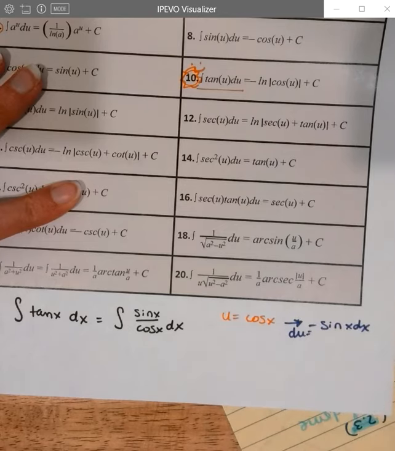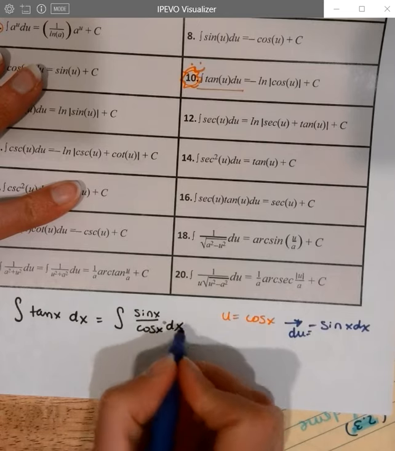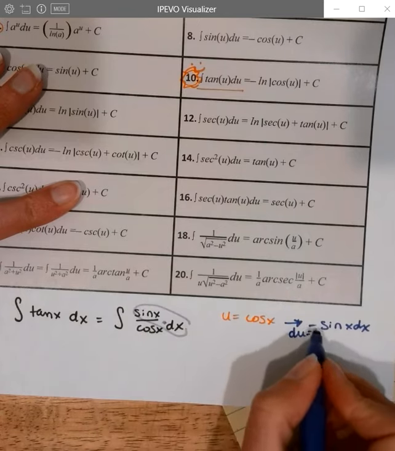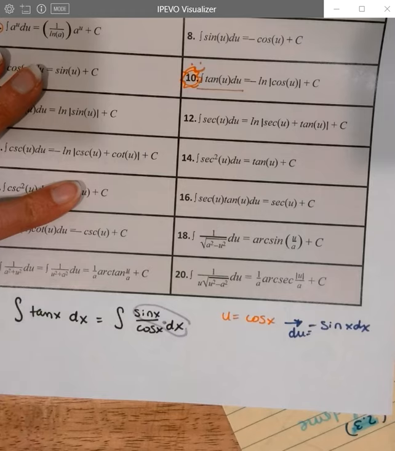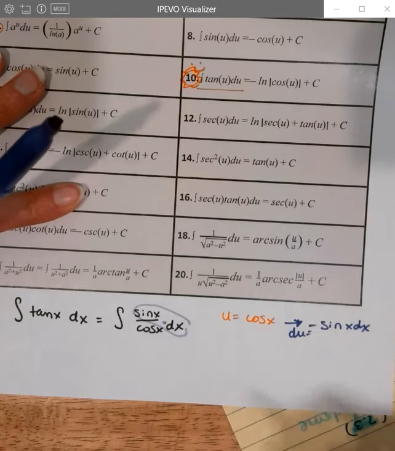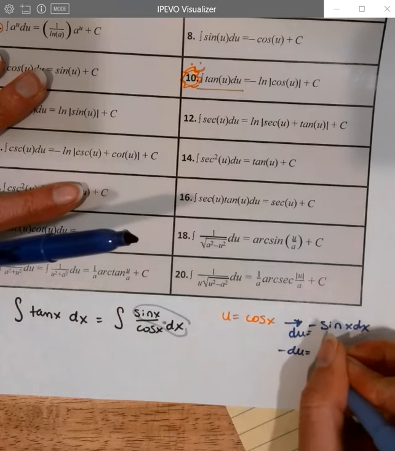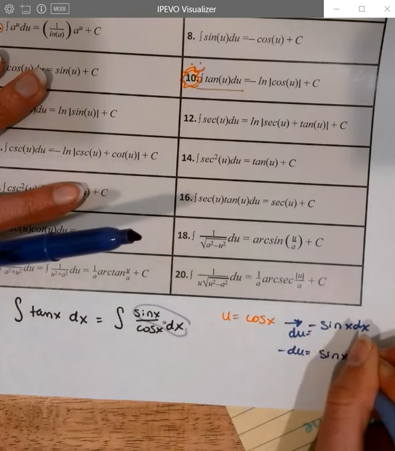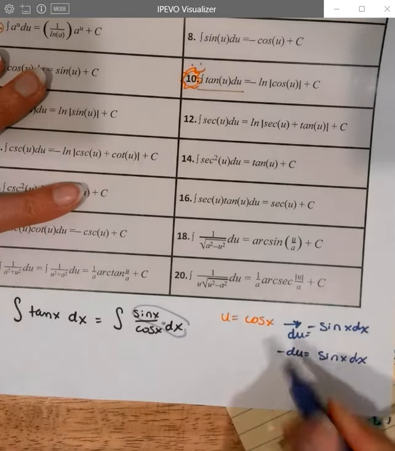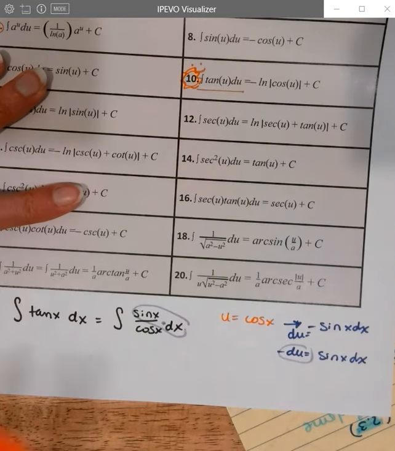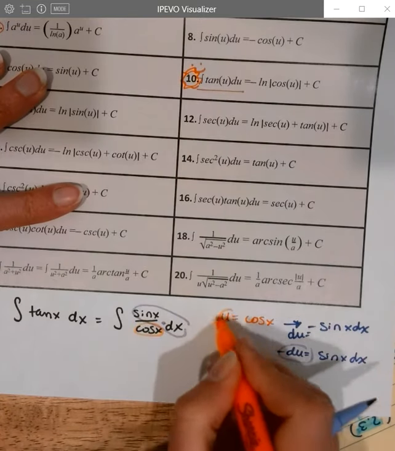And so I have a product of sine of x dx that I can replace with, I have to divide the negative off, negative du. So negative du is going to equal sine of x dx. So we'll replace that with our negative du, and then in our denominator we're going to replace the cosine of x with u.